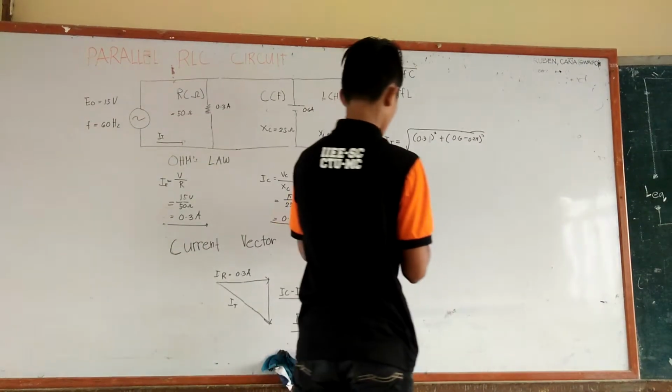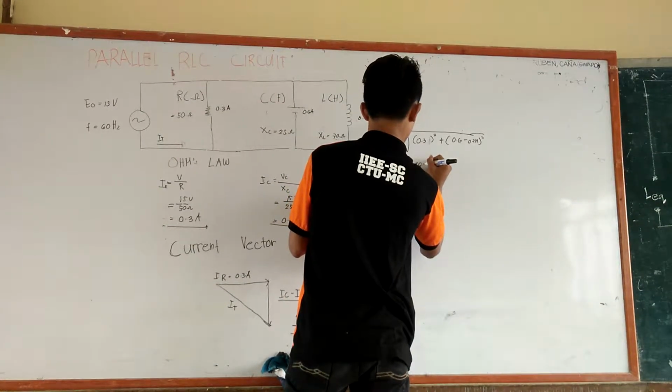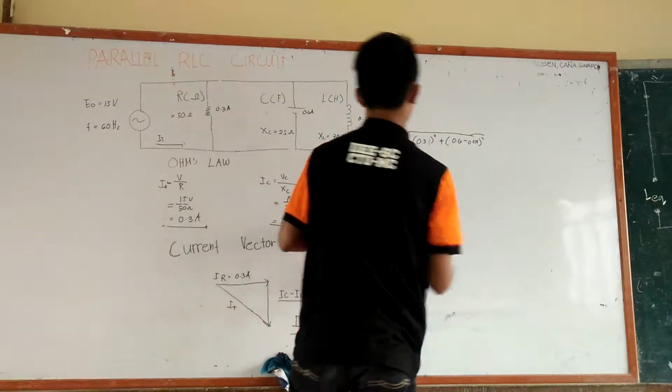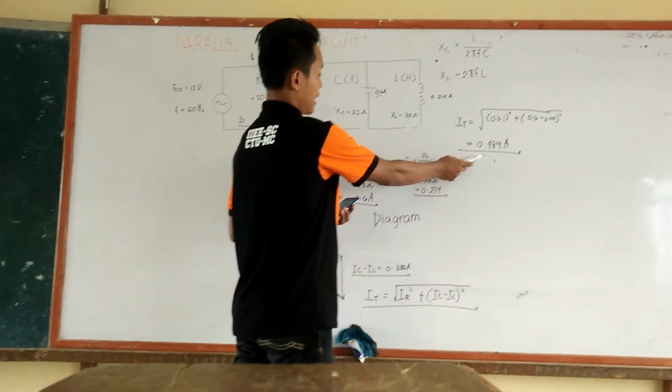That should be equal to 0.489 amperes. So this is our total line current.